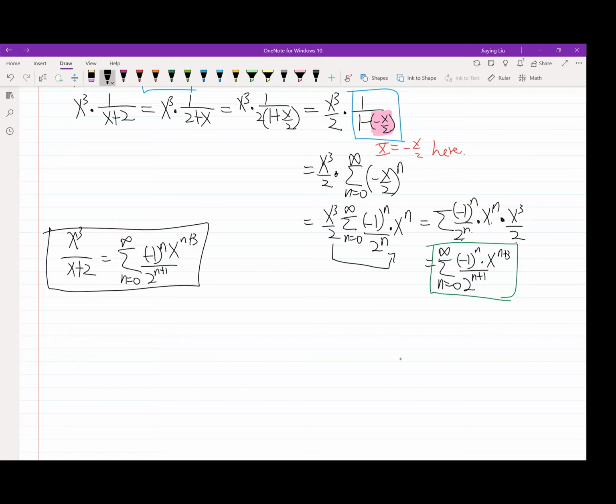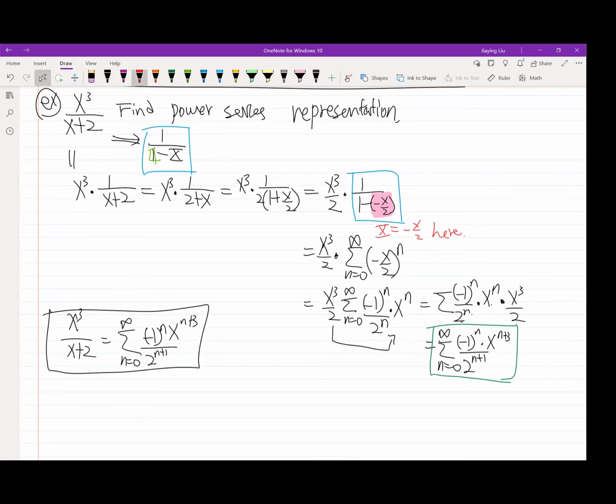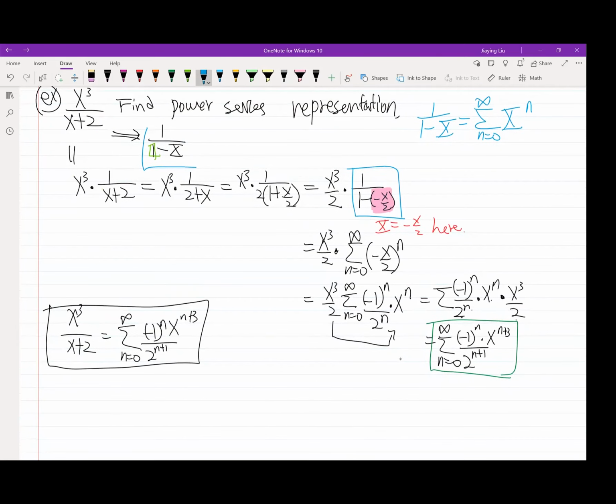So I'm a little confused after you found x. What do you do after you find x? After I find the capital X, I'm using the fact that 1 over 1 minus capital X is equal to power series n from 0 to infinity, capital X to the n. So after I find capital X, I'm basically like, this part looks like this.